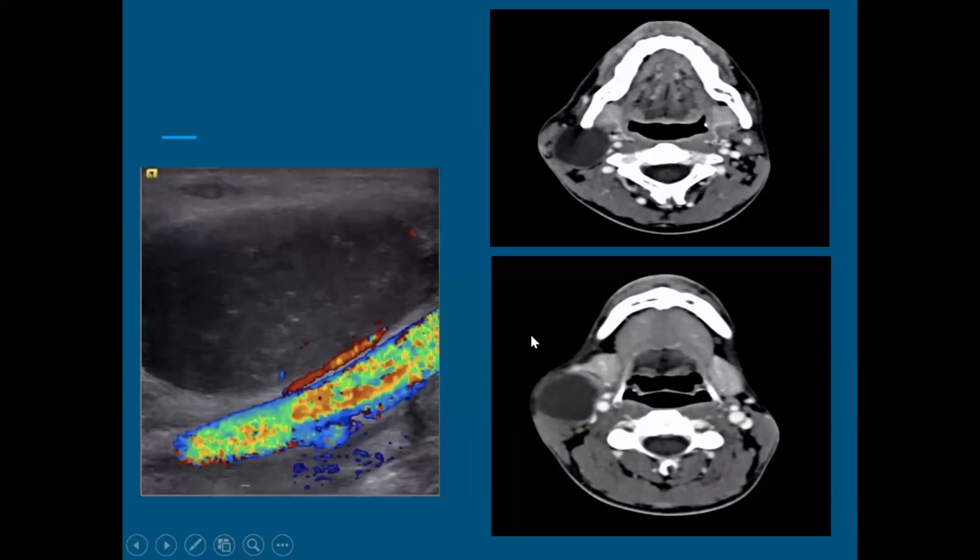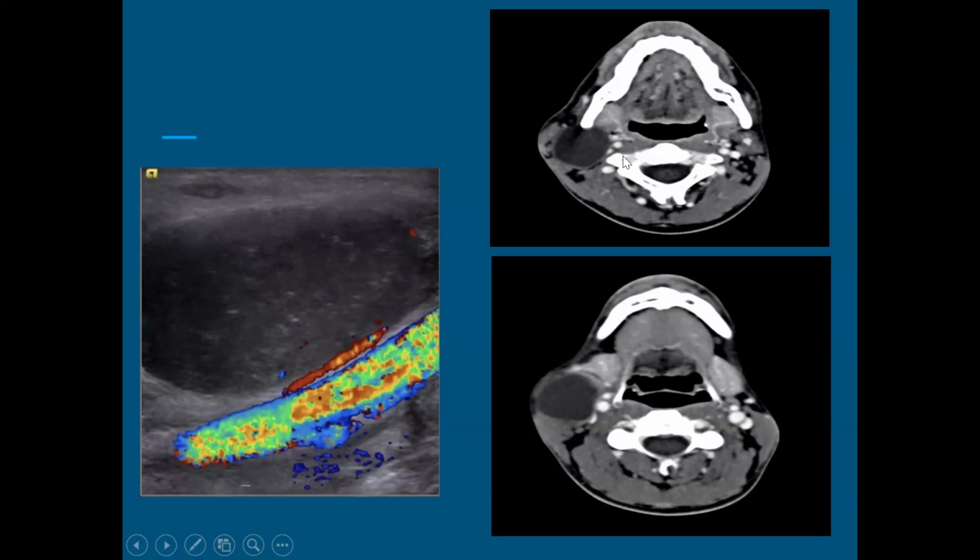Another case of the carotid sheath: this is an ultrasound image showing a cystic lesion between the sternocleidomastoid and the carotid vessels, and corresponding axial CT post contrast images. We can see a non-enhancing cystic lesion. We can also see this black hypodense portion, that's the parapharyngeal fat, which is displaced anteriorly and medially.